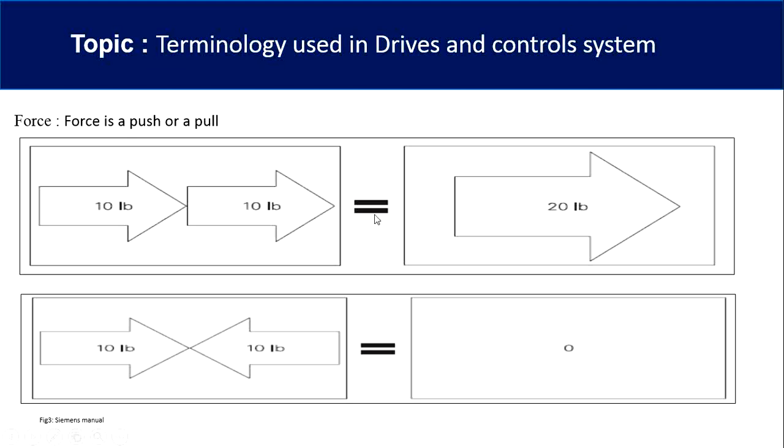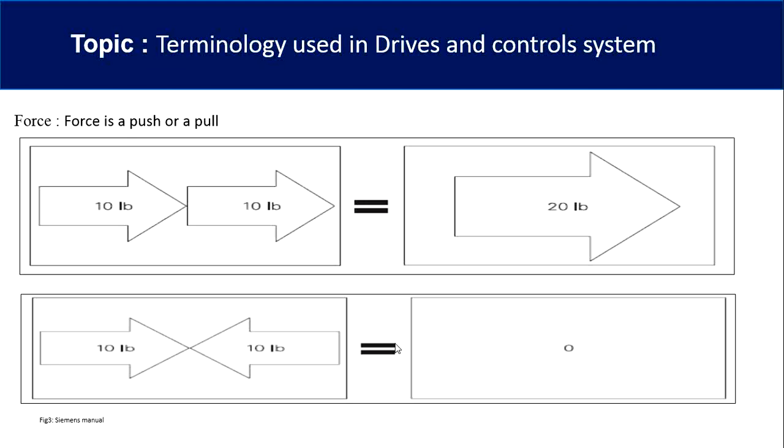Suppose I have an object here and I want to displace it from point A to point B. So these forces will be added and it will move. Okay, this is the object again, but these forces are in opposite directions, 10 pound and 10 pound, so the resultant force on that object will be 0.